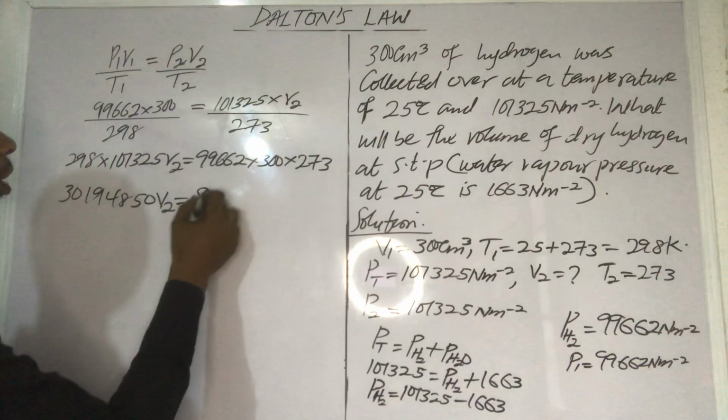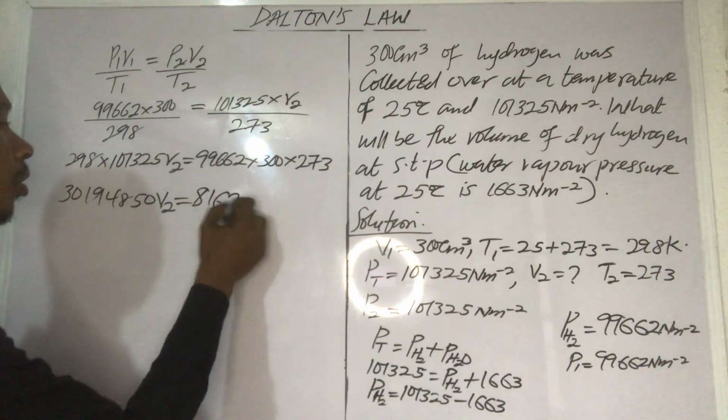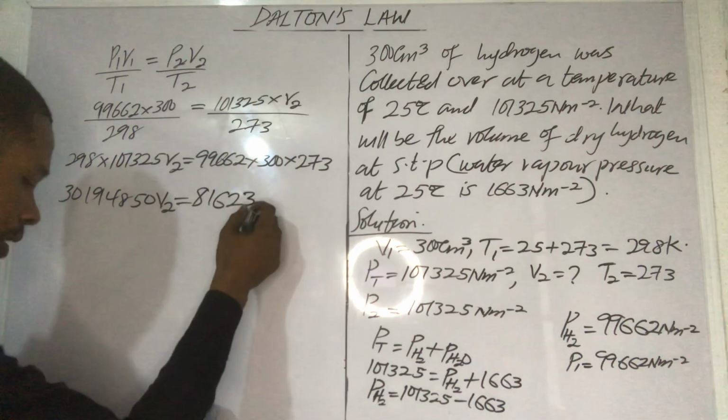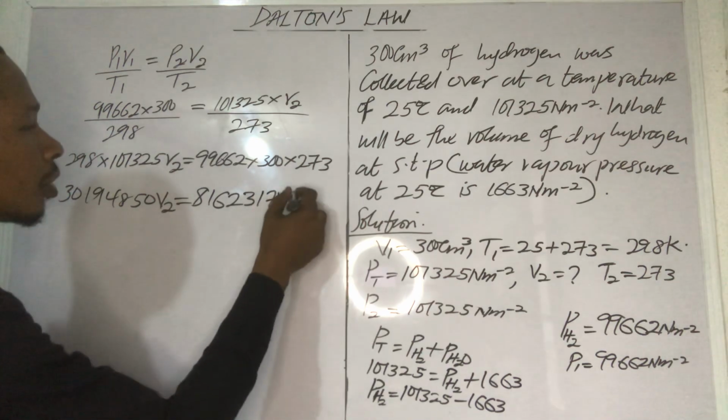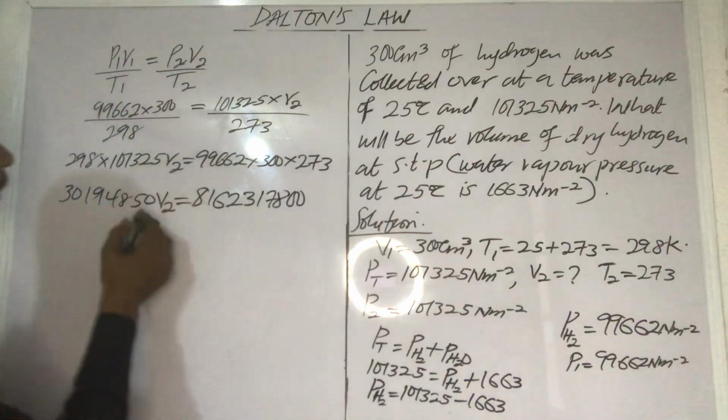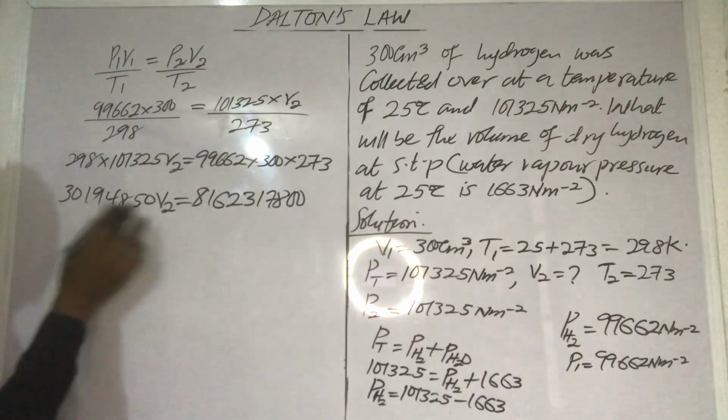So that will give me 8162317800. Divide both sides by the whole of this now to get my V2.